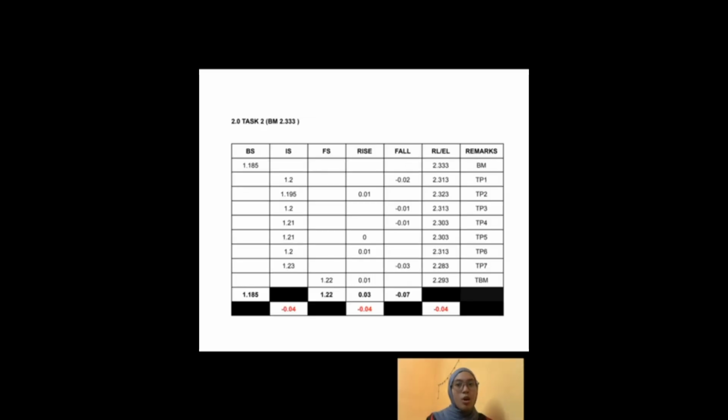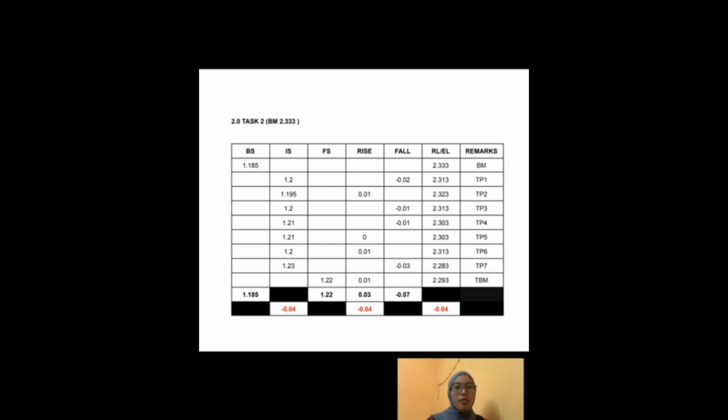intermediate sight. While for task 2, calculation using rise and fall and also height of collimation must use data from lab report 3. For this task also, the data that must be available is backsight, intermediate sight, foresight, rise, fall, reduced level, and remarks. To calculate rise and fall, it is the back data minus the intermediate sight data.